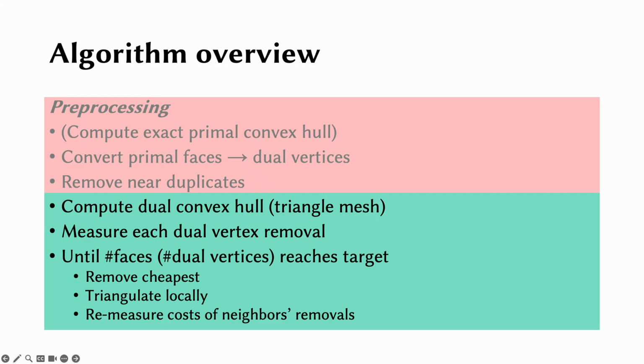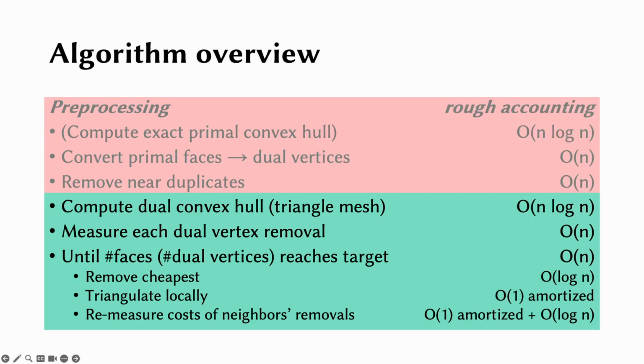So I loop over my neighbors, pretend to remove each, compute the cost of removing it, and put it back into the big priority queue. If we do some rough accounting of the asymptotics, the whole thing adds up to n log n expected performance. Let's see some benchmarking.